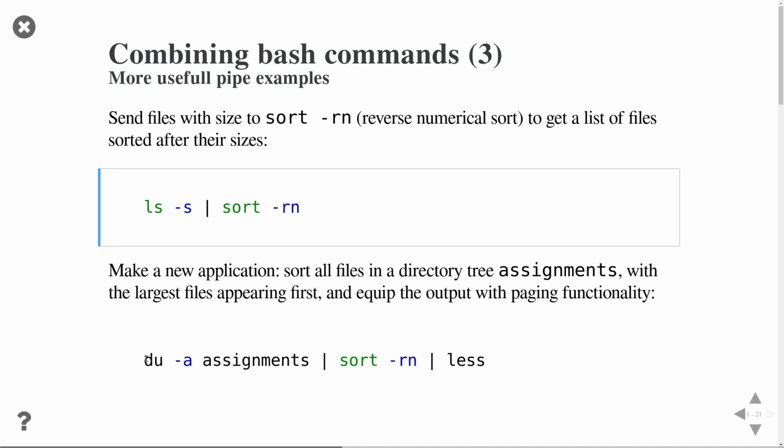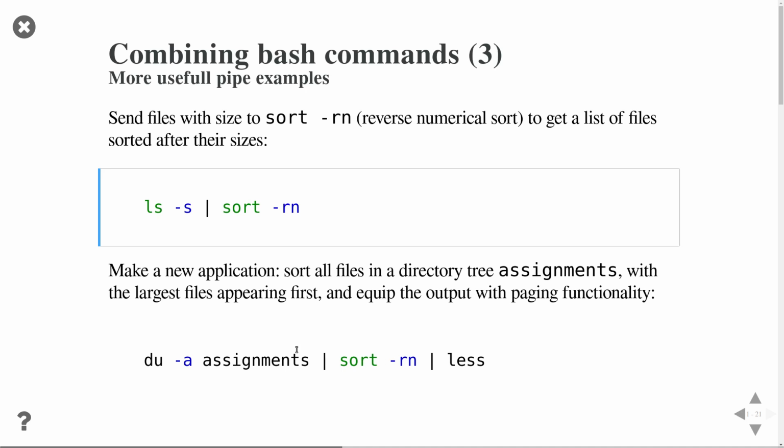So I check all the directory sizes in the subdirectory assignments. Then I sort them in reverse numerical order. And then I pass the result to the less command. The less command just adds pagination so that it doesn't just get printed all in one screen, but I can scroll up and down with the keyboard.